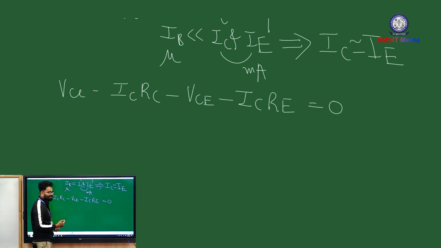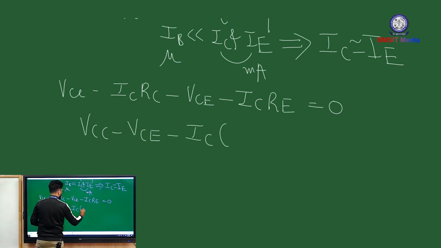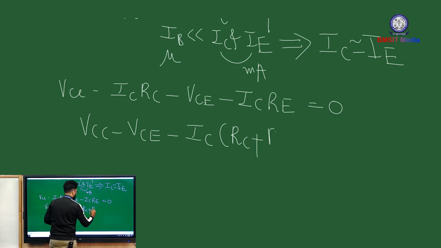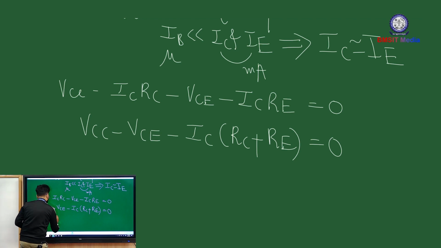So we have neglected the base current. By doing so, we have assumed collector current is approximately equal to the emitter current. So you can write VCC minus VCE minus IC into RC plus RE is equal to 0.